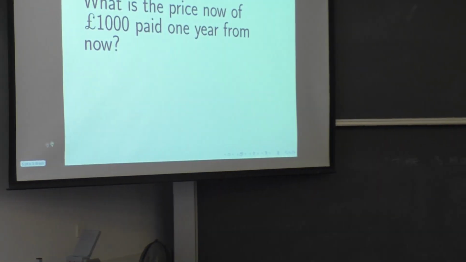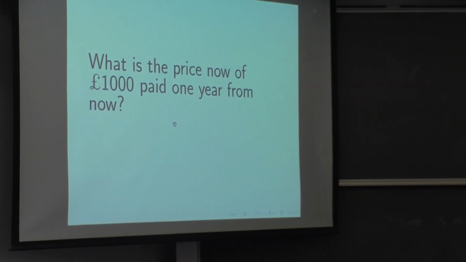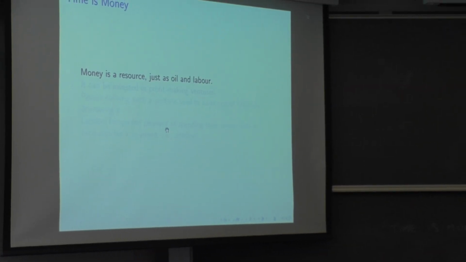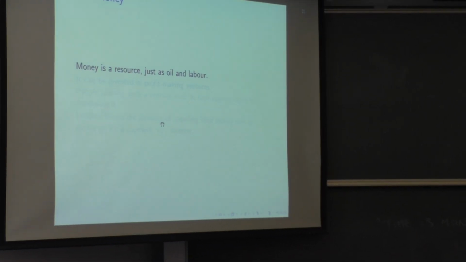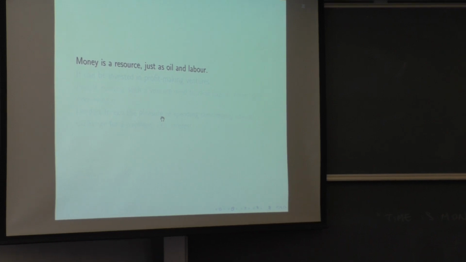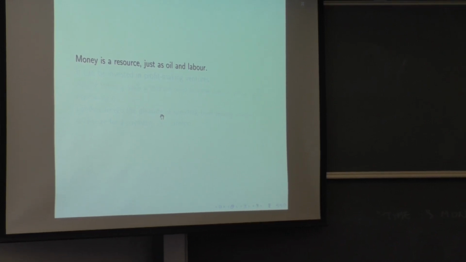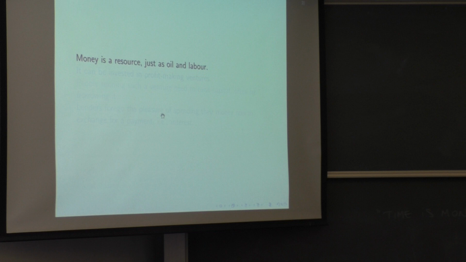But let's first figure out why time and money mix together. So the point is that money is a resource, just like other things that you use to make things. So if you're going to build a factory that makes something, you're going to have machinery, you're going to have workers and things like that.